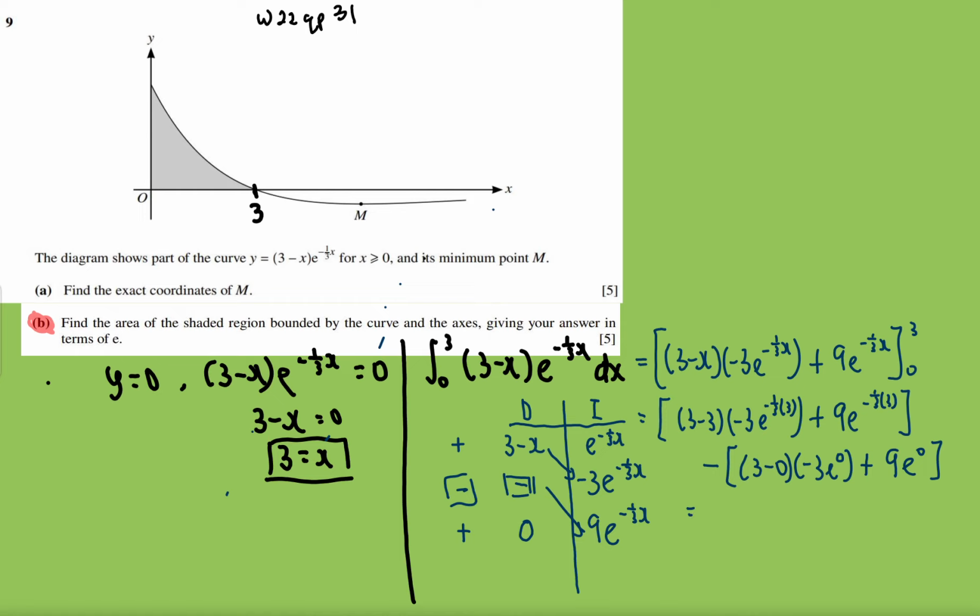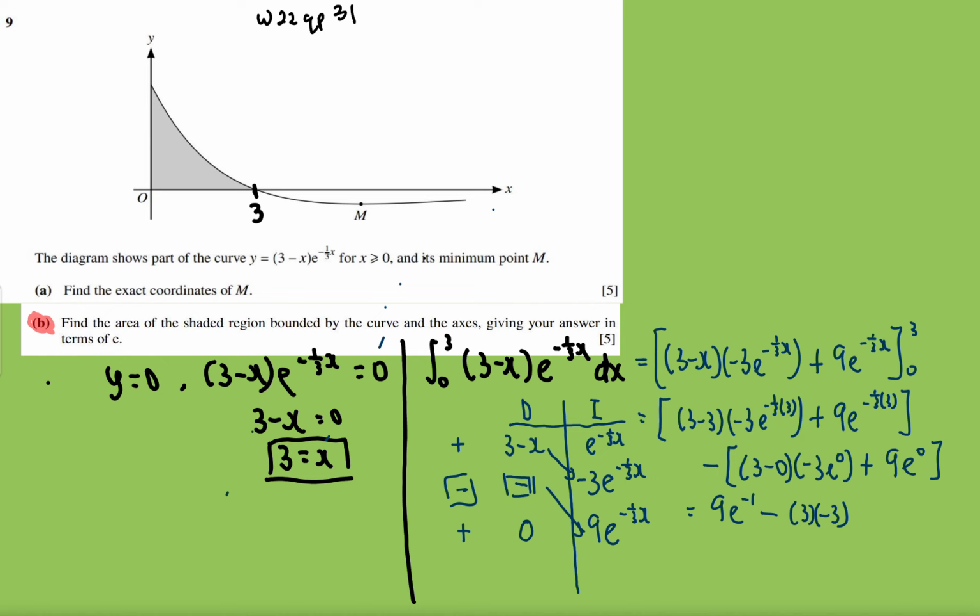Further simplify this: 3 minus 3 is 0, 0 times anything is 0, so we don't have the first part. Then we continue with 9e to the power of negative 1 over 3 times 3, that is negative 1, minus, okay, we're going to open the brackets. 3 minus 0 is 3, multiplied by negative 3, e to the power of 0 is 1, so negative 3 times 1 is negative 3.